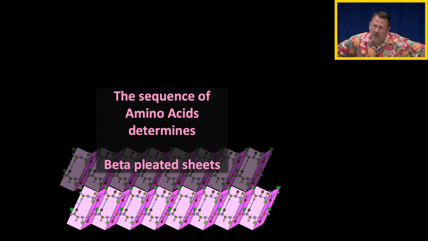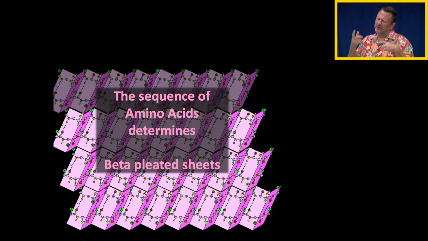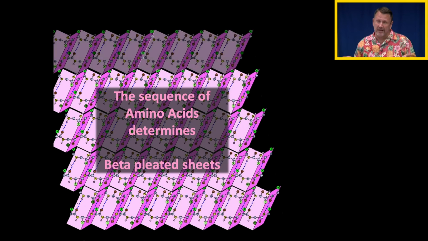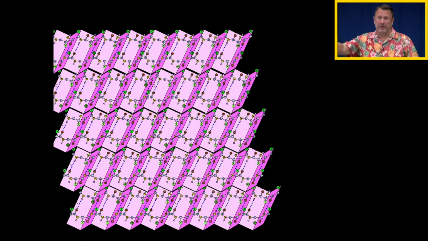All right, so rather than put the amino acids together in a sequence that forms a chain, we can put the amino acids together in such a way that they form something called beta pleated sheets, like corrugated roofing. Corrugated roofing is very stiff. They stack together very nicely, so they can't be pulled apart.